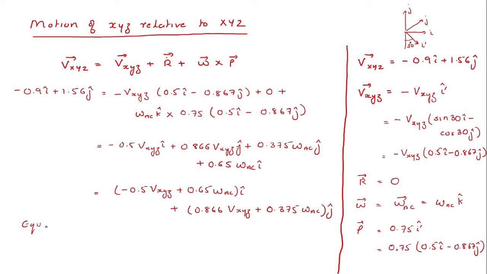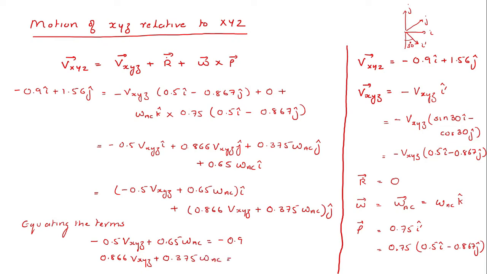Now equating the terms, minus 0.5 Vxyz plus 0.65 omega AC is equal to minus 0.9 and 0.866 Vxyz plus 0.375 omega AC is equal to 1.56.